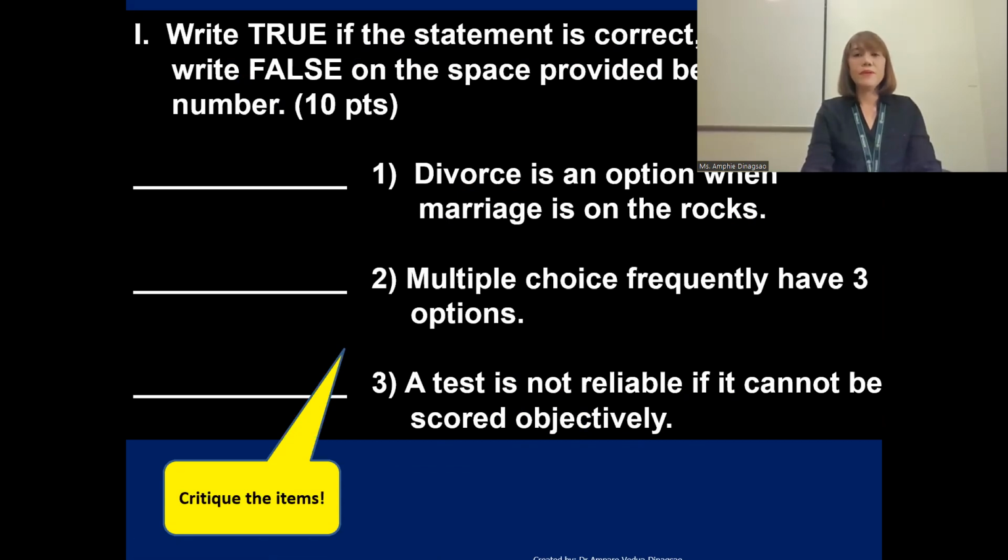If you said that's not a good true or false item because it can be opinionated, or based on opinion, and this is not aligned to the first guideline, which is that statements in a true or false type of test must be unequivocally true or unequivocally false, you are right.